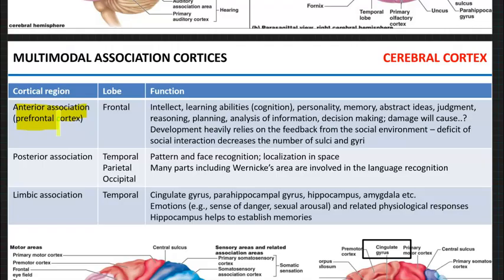And damage to that part of the brain changes the personality. Okay? So the reason why we know that, there's plenty of evidence.